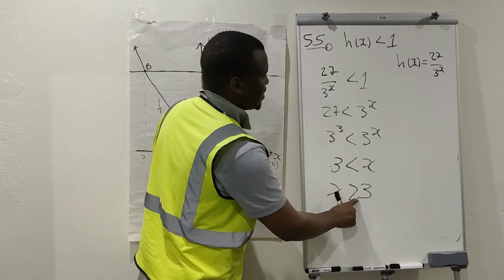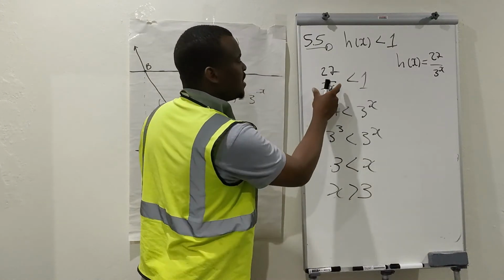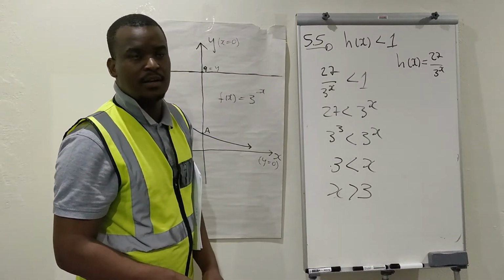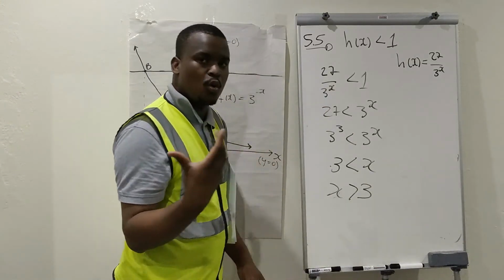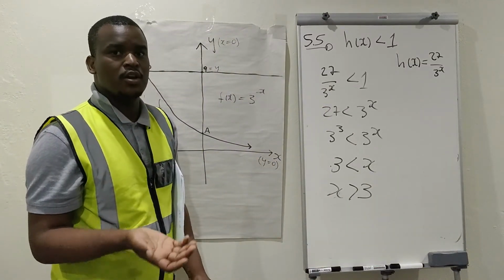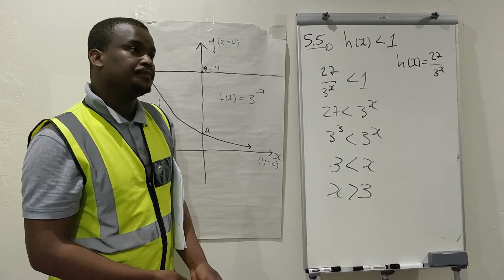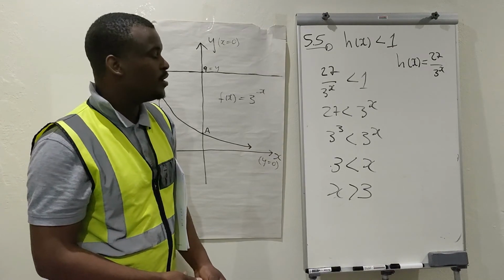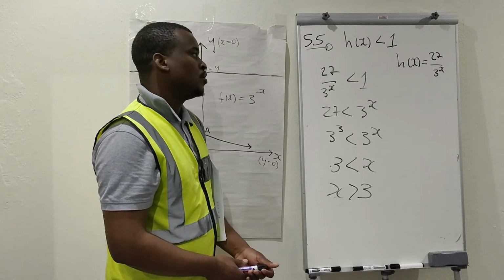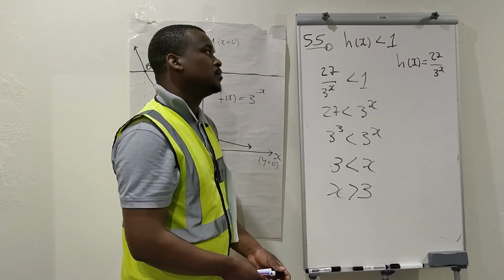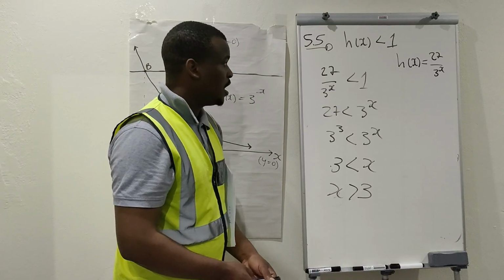But if x is greater than 3, then the denominator will always be bigger than the numerator. As a result, this will always be less than 1, because if your denominator is bigger than the numerator, your fraction will be 0 point something. This is how you do this question, and you're done with question 5.